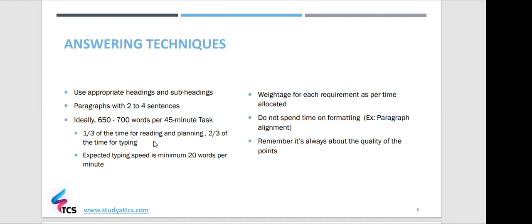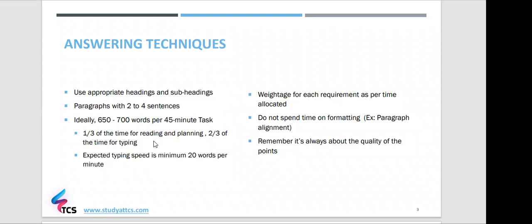I don't mind even if you take 20 minutes to read and plan the answer, because it's of utmost importance that you come up with an answer structure or an answer plan, because without an answer plan, you cannot come up with a high quality answer. So you need to spend some time to think. 15 minutes or 20 minutes should be spent to think and come up with an appropriate answer plan.